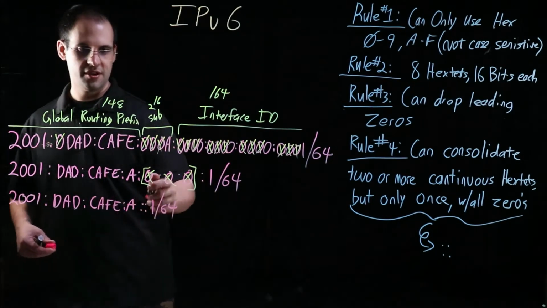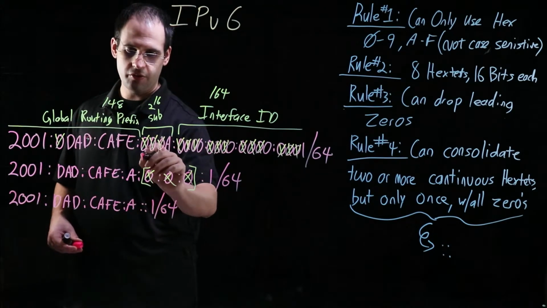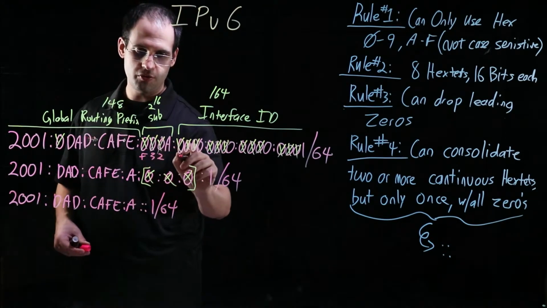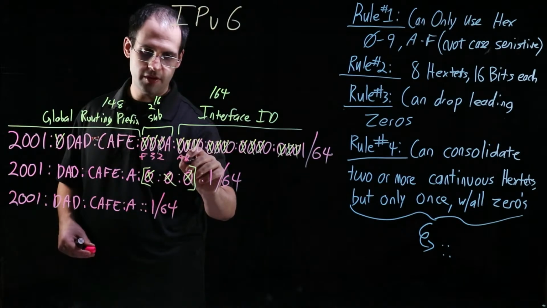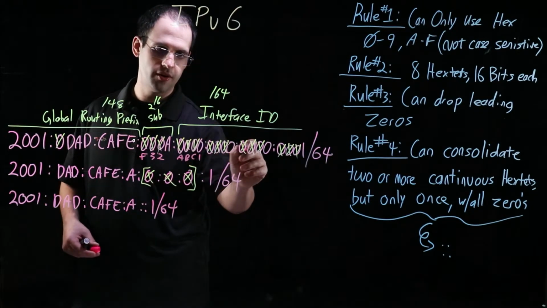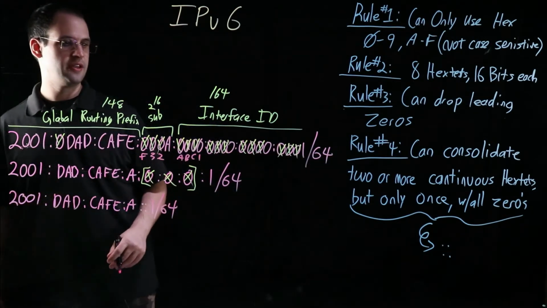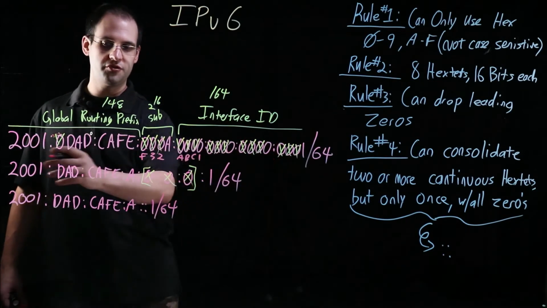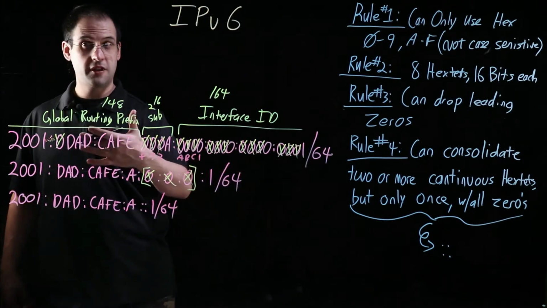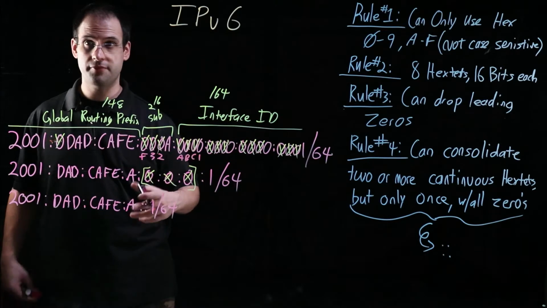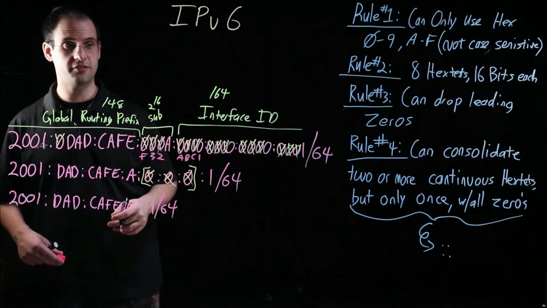Now again, if all of these were some value like F32, A, B, C, 1, and so on and so forth all the way down the list, and there were no leading zeros in here whatsoever, you would have to keep the address in its full format, because that's the full valid address.